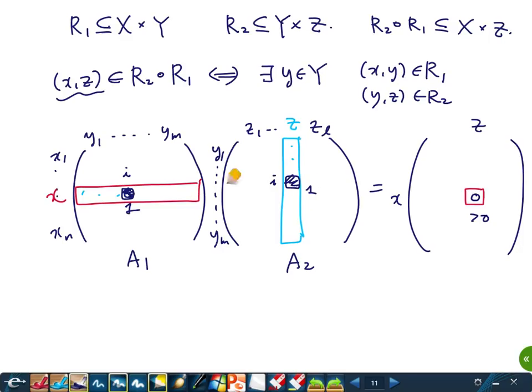But this means there is some y. This is y, and this is y, yi precisely. That means x comma y is in R1, and y comma z is in R2. So if this is greater than 0, if it's non-zero, in other words, there must be some y satisfying this. This is basically the idea of this proof. So the matrix multiplication tells us that if it's non-zero, there must be some y here.